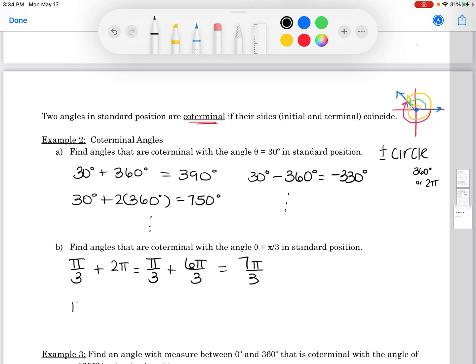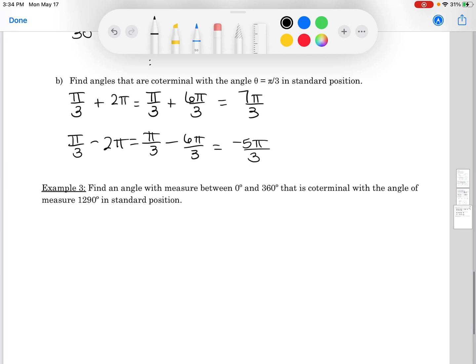I could subtract. I could add it a few different times. Oops, I said subtract. So that would give us pi over 3 minus 6 pi over 3, which would be negative 5 pi over 3. We could add 2 pi several times. We could subtract 2 pi several times. They would all give us coterminal angles.